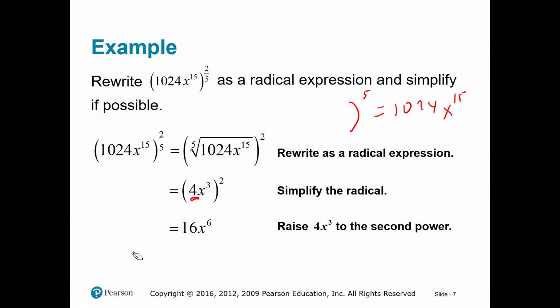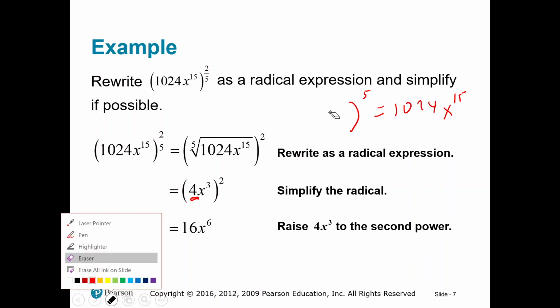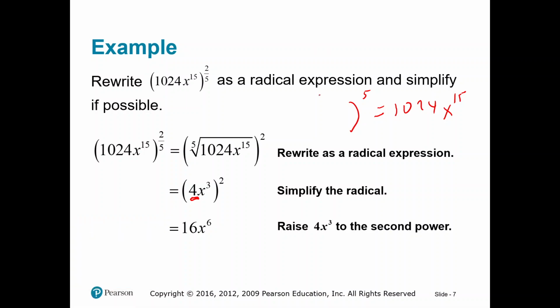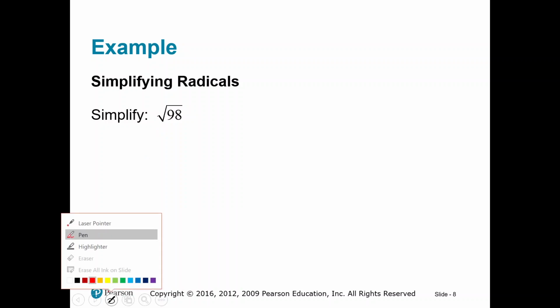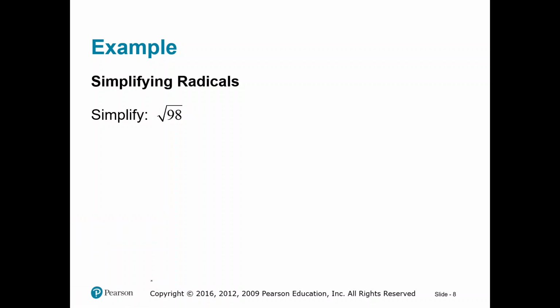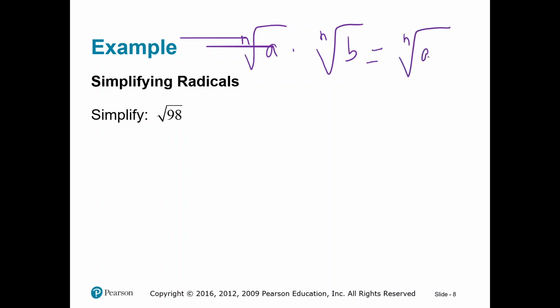Now what about the next one, which is the square root of 98? Now for this, you have to recall the multiplication property, which is the nth root of a times the nth root of b is the nth root of ab.